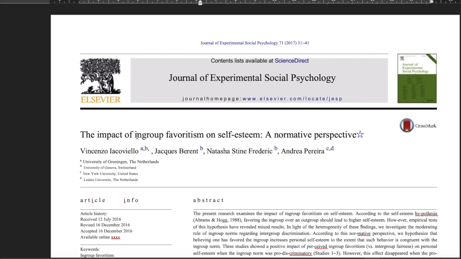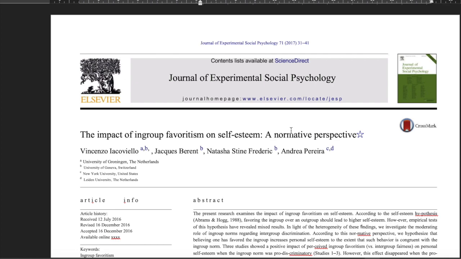The title already shows you what the variables are. From the title, you can already anticipate which is the independent variable, which is the dependent variable, and it seems that this relationship is specifically looked at from a different perspective, which is the normative perspective.